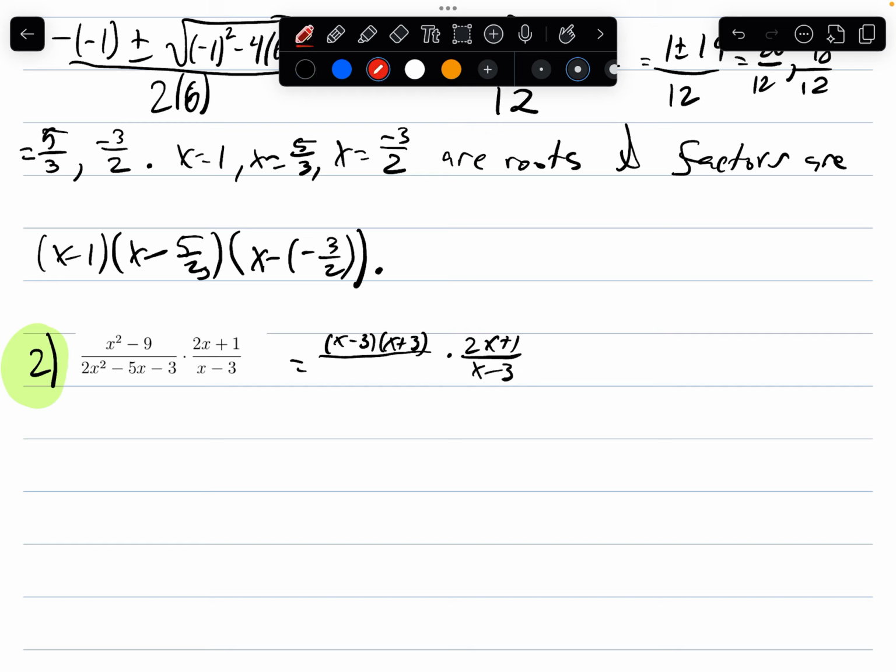So I can already see that 2 guys are going to cancel out there. That's very nice. Now let's factor the bottom. I know I have a 2 here, so it'll be a 2x, and then a regular x. I have a minus and a minus, so I know that I'm going to have opposite signs. So maybe I can do something like minus 3 and plus 1. Let's see.